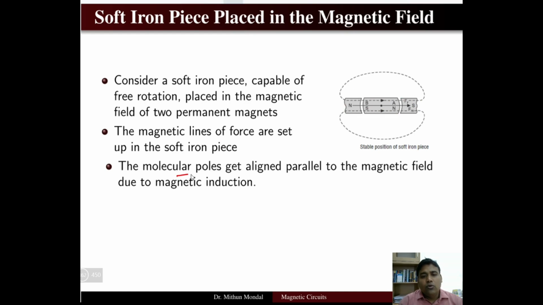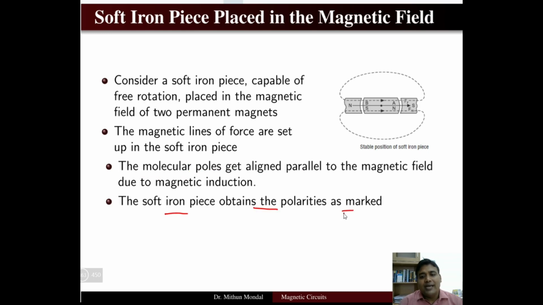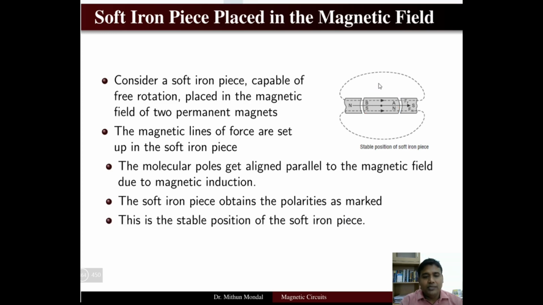Due to the magnetic induction principle, the molecular poles get aligned parallel to the magnetic field. And the soft iron piece obtains the polarities as marked. So here it is marked as north pole and south pole at two positions A and B of the soft iron piece.